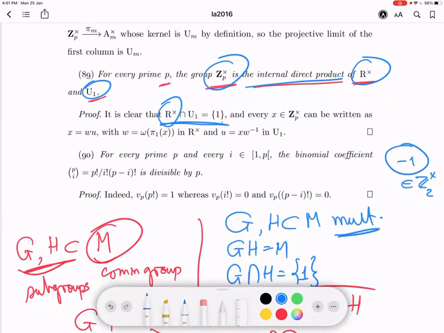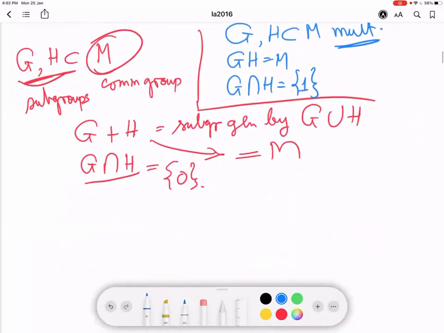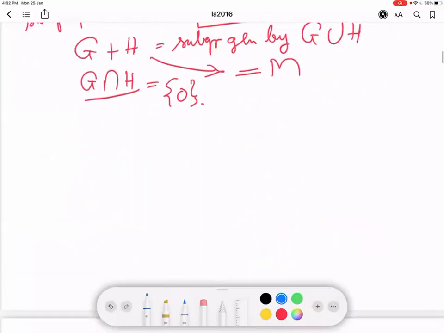the intersection is trivial because that's more or less by definition of R star. U1 consists of those elements which go to 1 under pi 1. So let me write it here. Suppose I want to show that R star intersection U1 is trivial. This is more or less by definition.